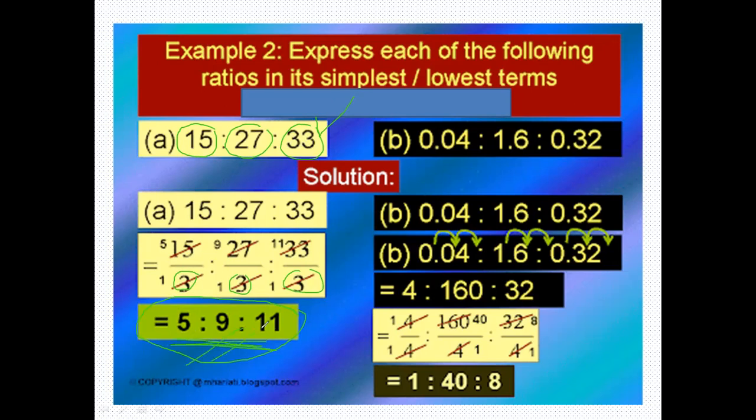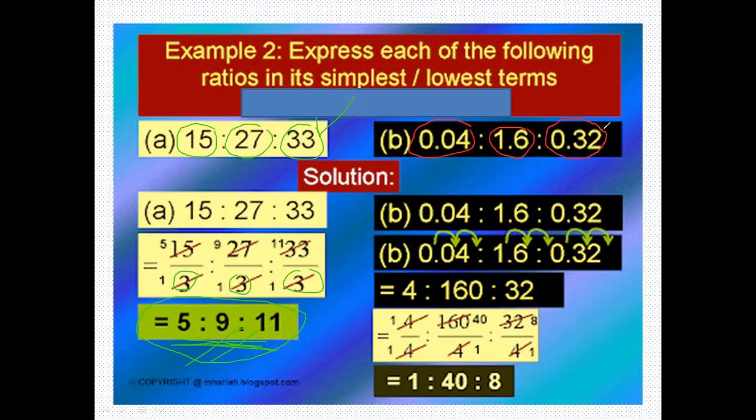All right? Now, what if it is a decimal? Here, letter B, you have 0.04 is to 1.6 is to 0.32. How do we reduce it to lowest terms?